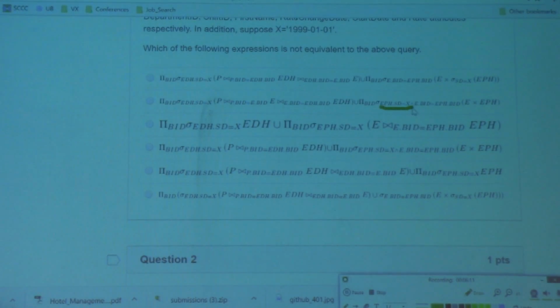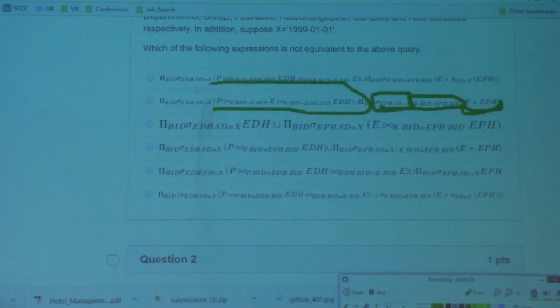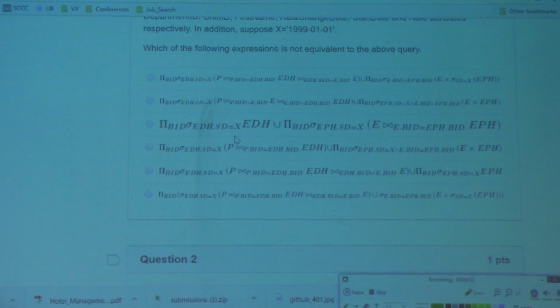The second one is similar to the first one, because we are multiplying employee into employee payment history, putting this constraint to make it a join, and putting this constraint to filter the desired records. The rest is okay. Third one.